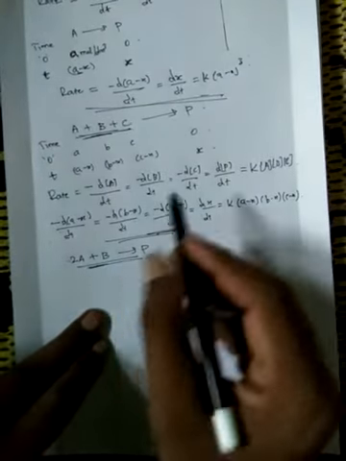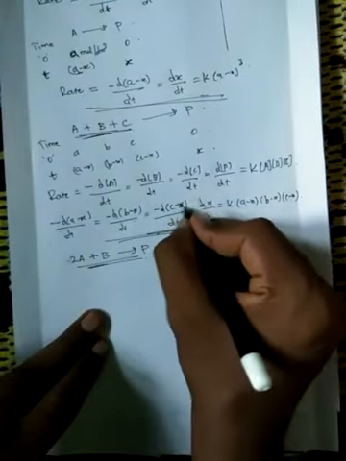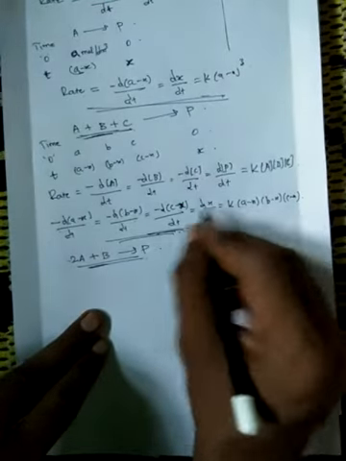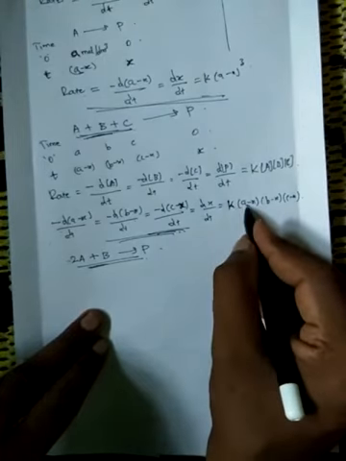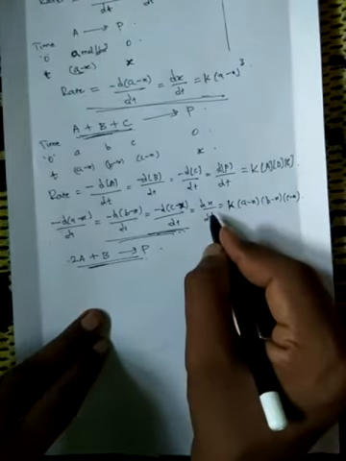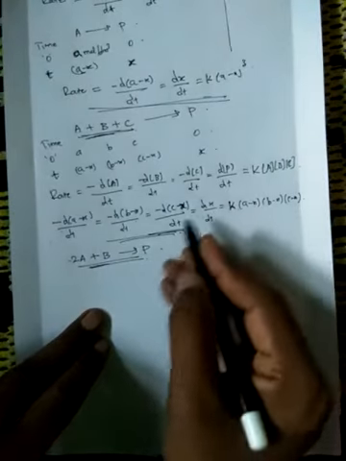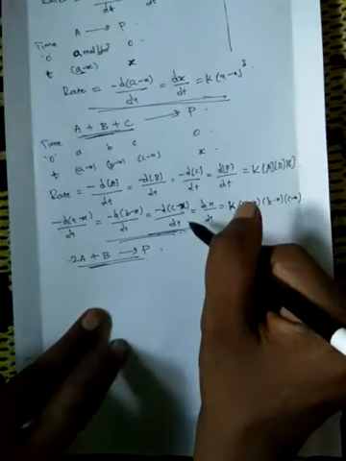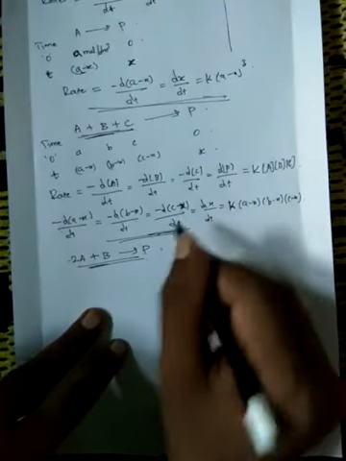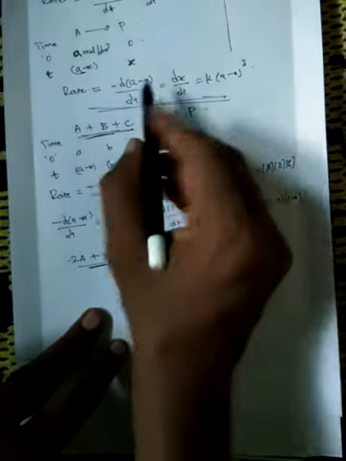If you integrate this rate equation, you will have the rate constant expression K. But since many terms are involved, it will take some extra steps to integrate. This will be easy.